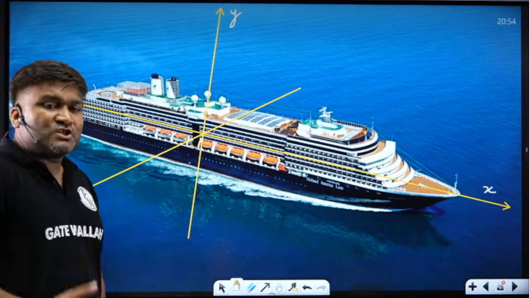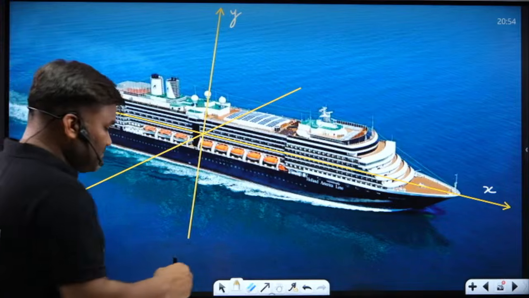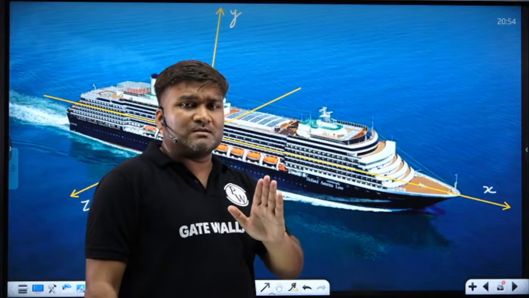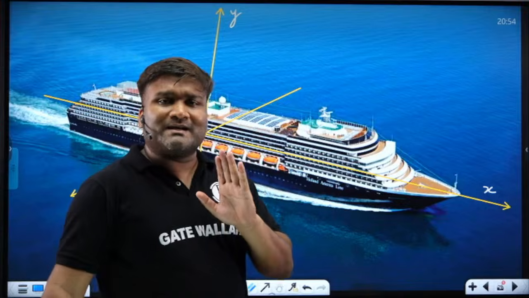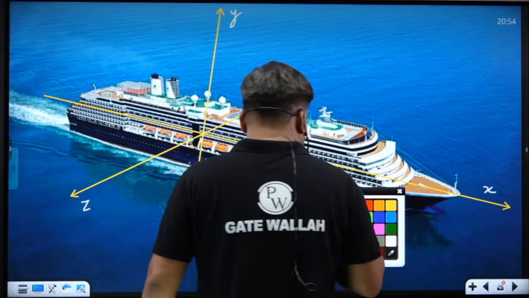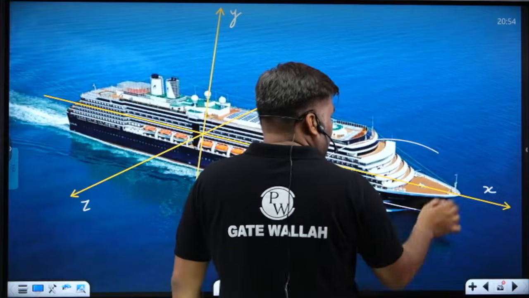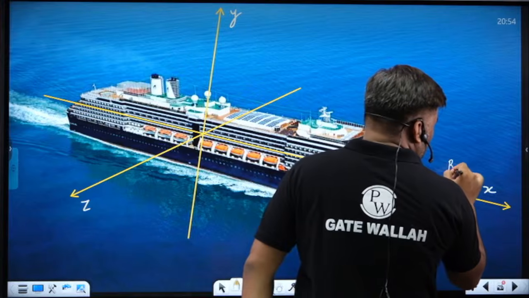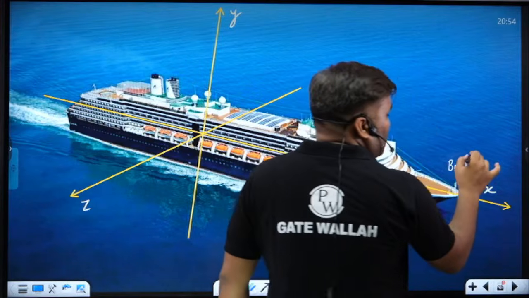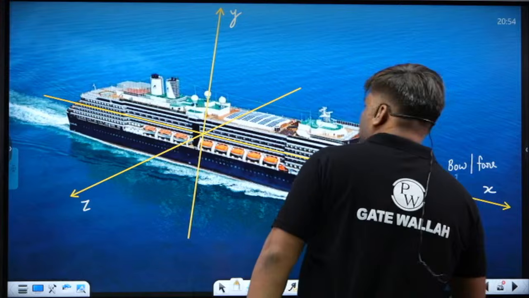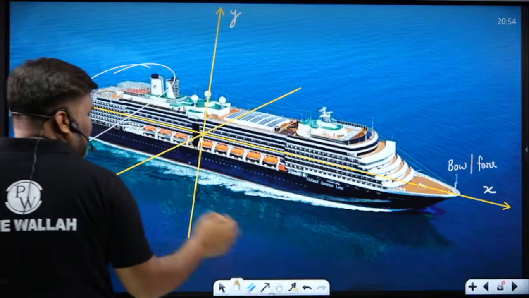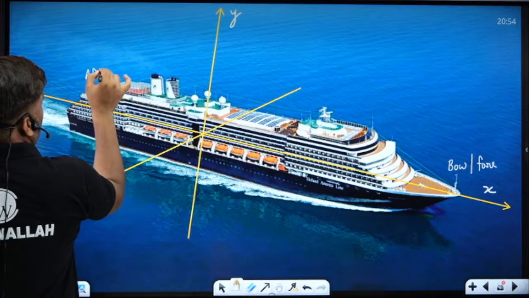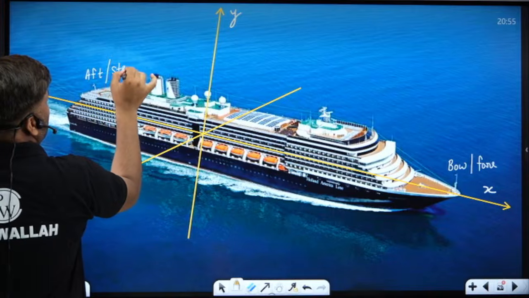First of all, in the shipping industry, what are the terms? They don't use these terms that nose goes up or down. No. Tail, they don't call it tail. The front portion is called the bow, or also called fore. The back side portion of this ship is called aft, or some people also call it stern.